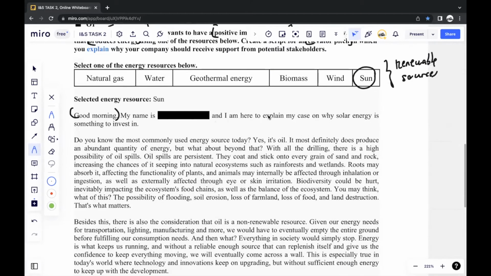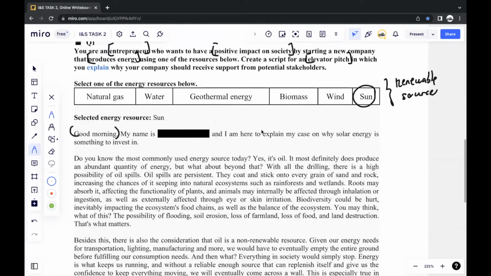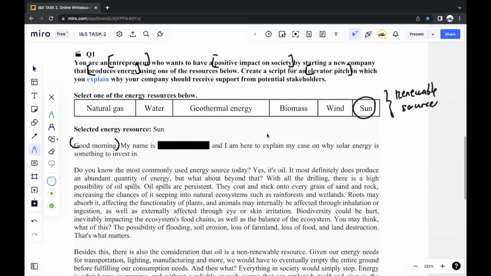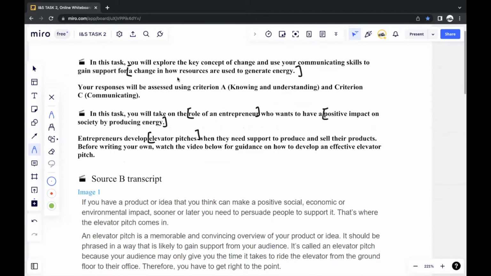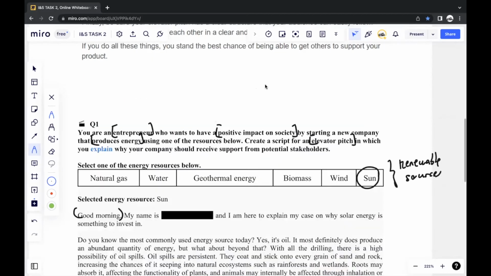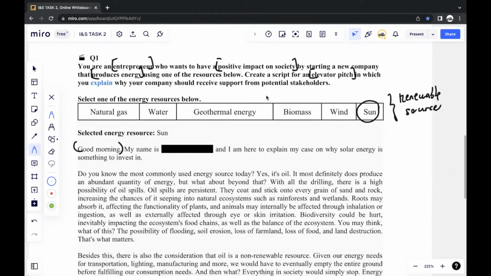The first thing you can think of generally in any type of speech is that you'll have to identify a problem. But the question doesn't exactly give you a clear problem to focus on, so you'll have to deduce that on your own. But we can already see that previously they mentioned that you as an entrepreneur want to gain support for a change in how resources are used to generate energy, which means that there's a problem with how energy is generated at the moment.